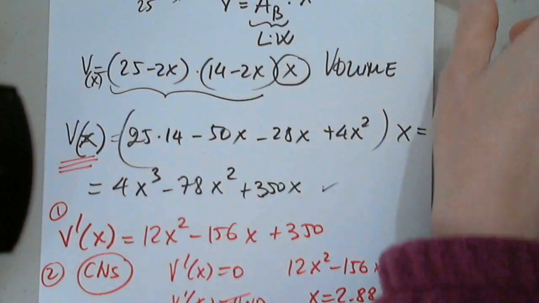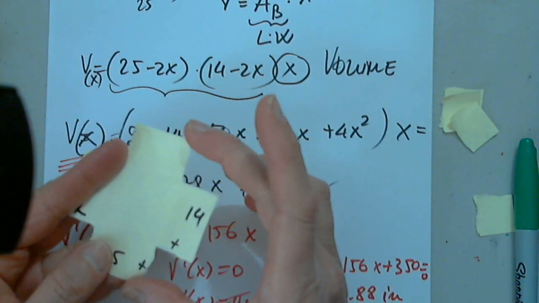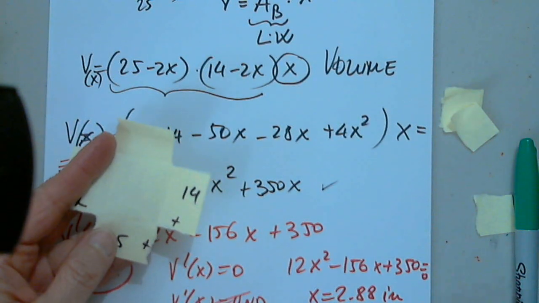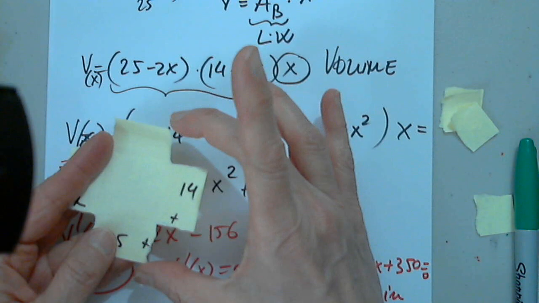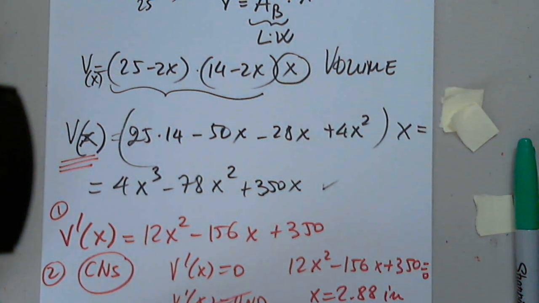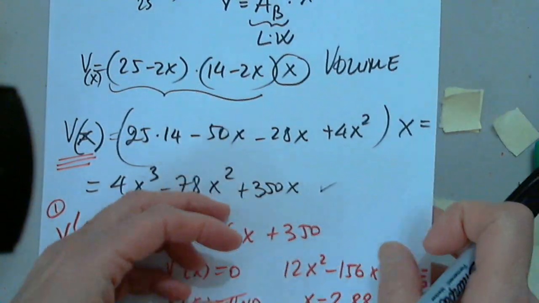So if this is 14, can this be 10 and this be 10 for x being 10? Can this be 10 and this be 10, but this whole thing be 14? No. Now, I don't know if this gives a maximum or a minimum.